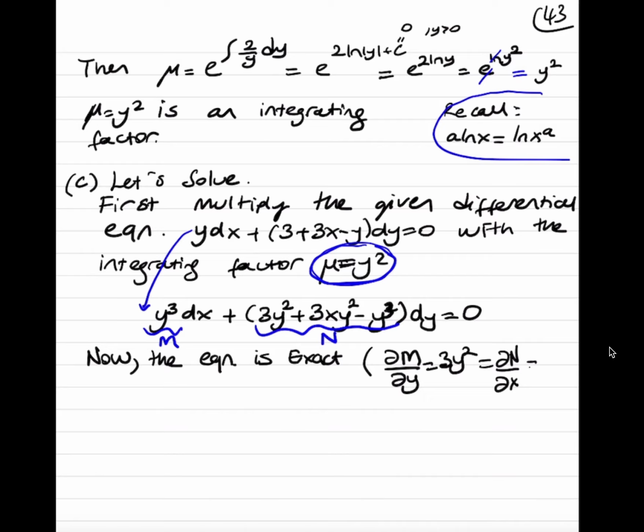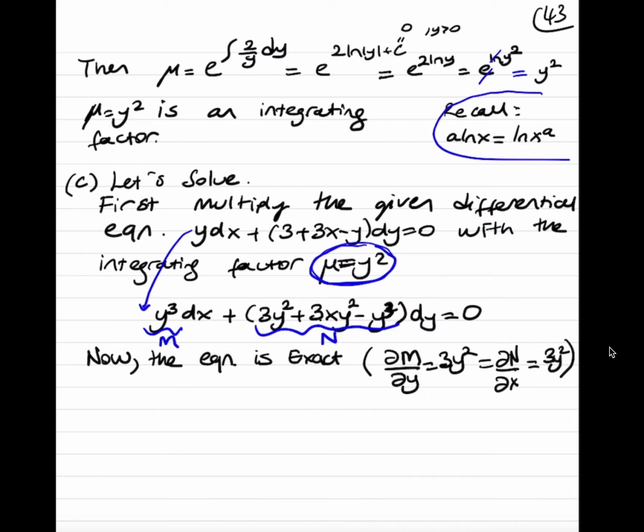Great, now they are equal. The derivative of N with respect to x is 3y squared. Sorry about that, because if it is not equal, then it is not exact, right?